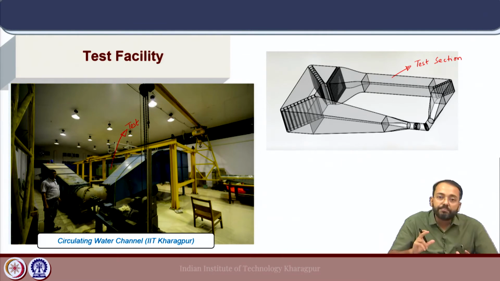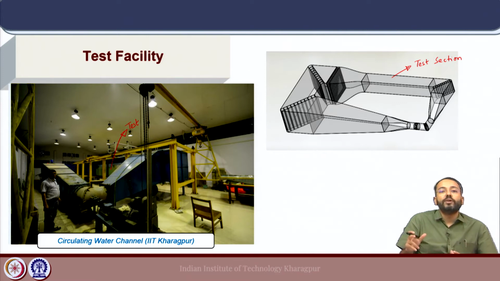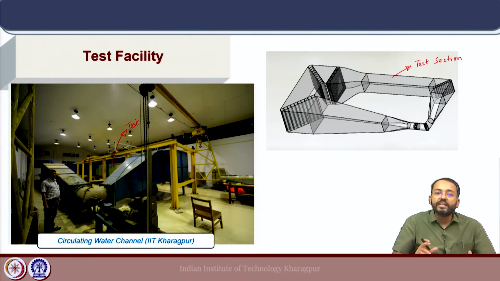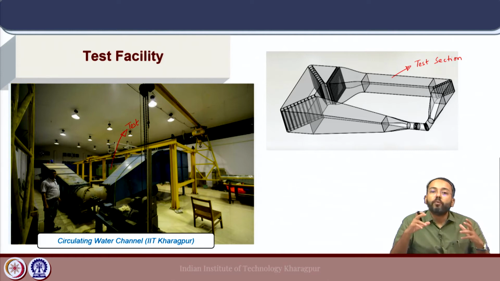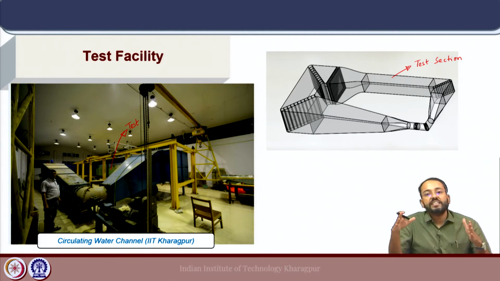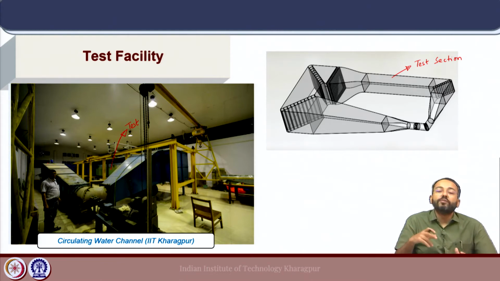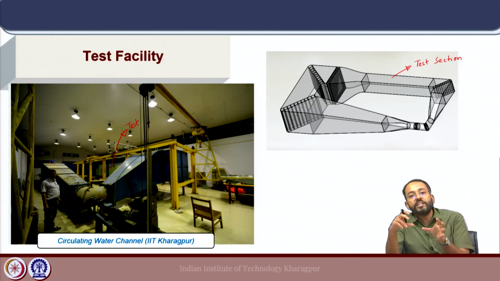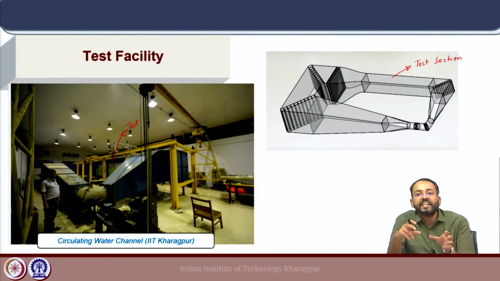The difference in working principle between the towing tank and circulating water channel is that in the towing tank we have the model which is being towed along the length of the tank and the water is still. But in the circulating water channel, the water is being circulated in the channel with the help of an impeller which is driven by a motor, but the model or the body of interest is kept still at the test section.